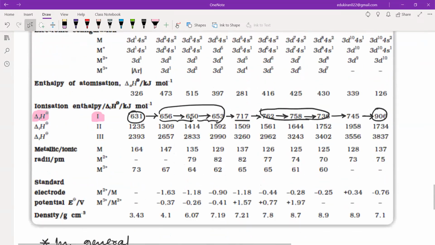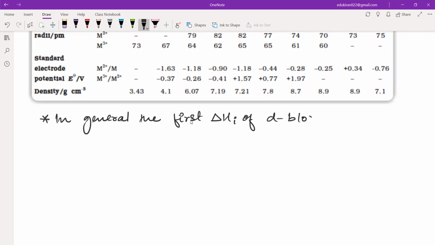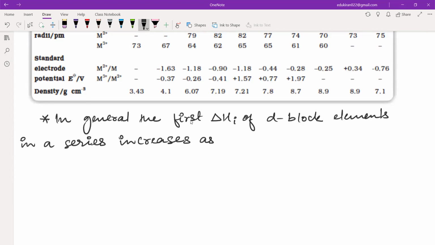So you say that in general, the first delta HI of D block elements in a series increases as we move in a transition series.